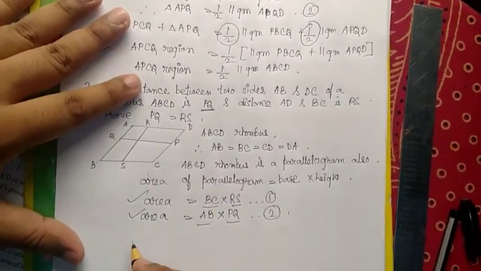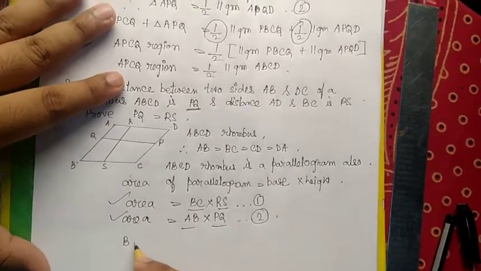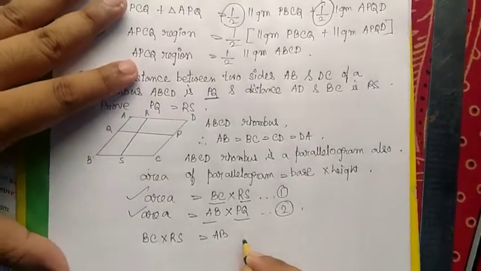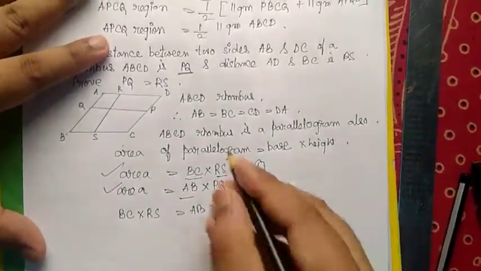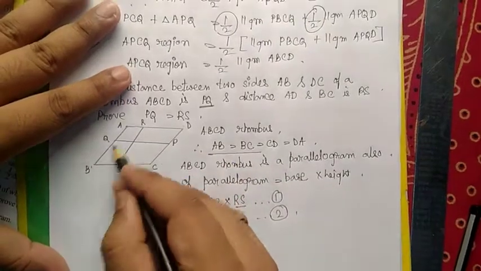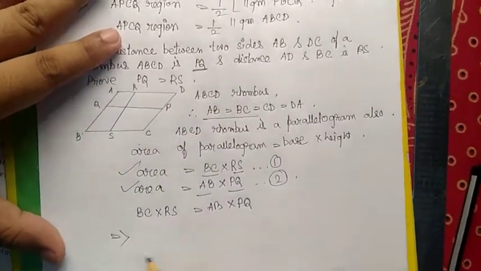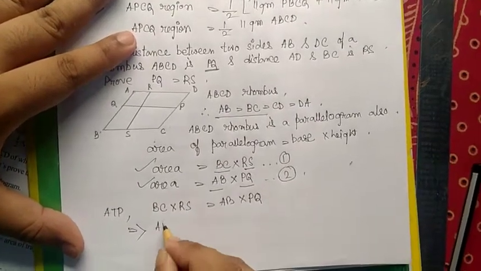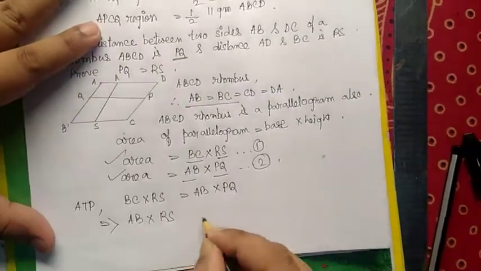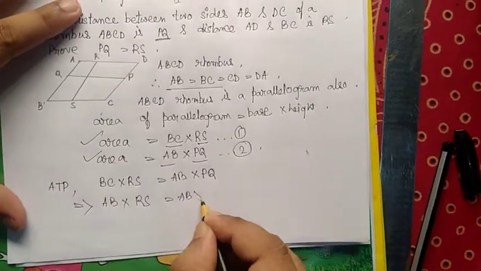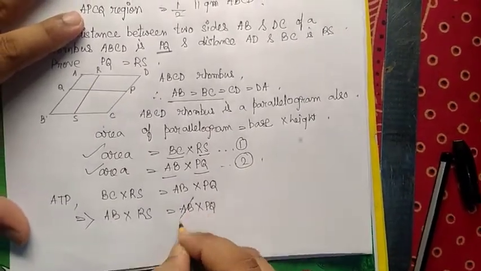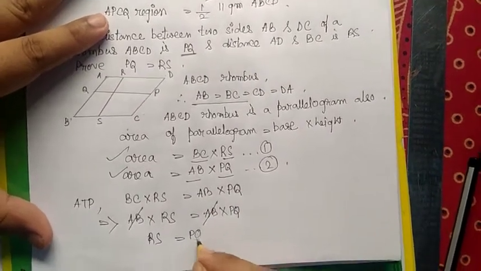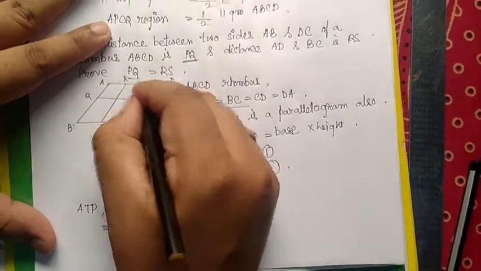So we can say that BC into RS equals AB into PQ. Previously we know that AB equals BC because all four sides of a rhombus are equal. So we can write AB into RS equals AB into PQ. Eliminating AB, we get RS equal to PQ. Here we have proved that PQ equals RS.